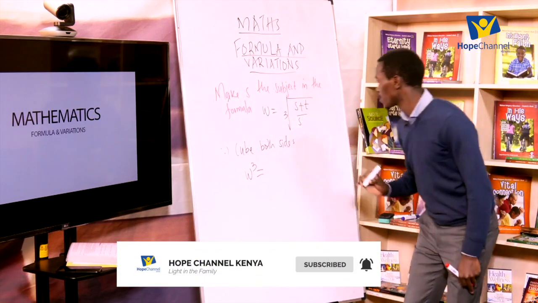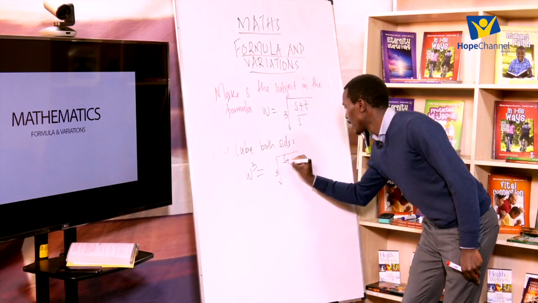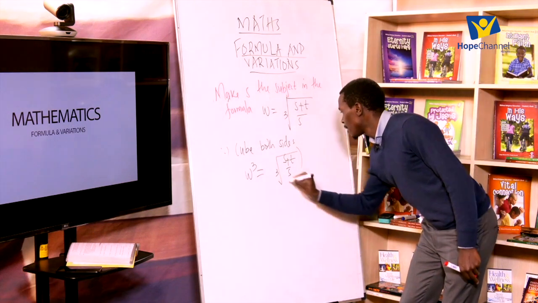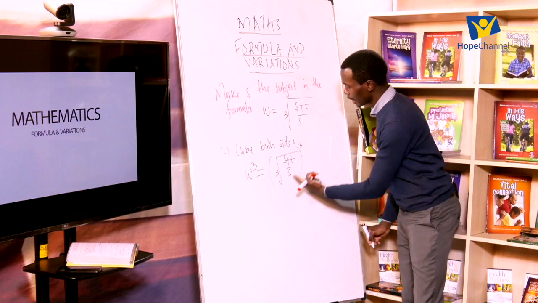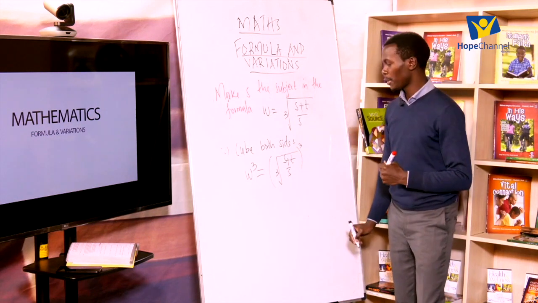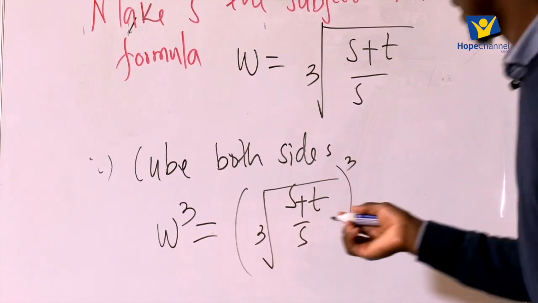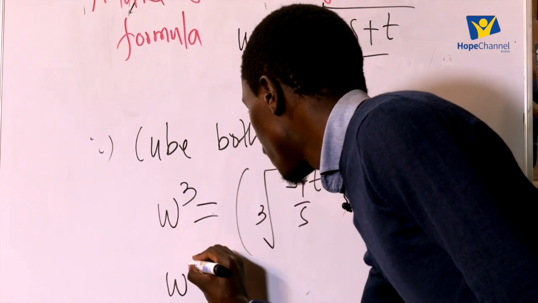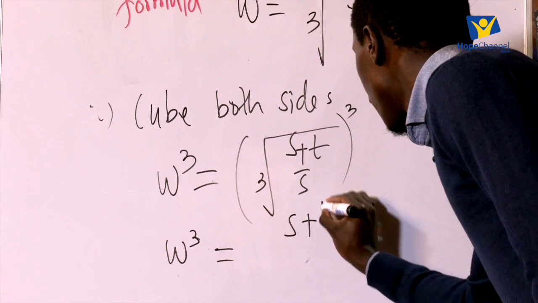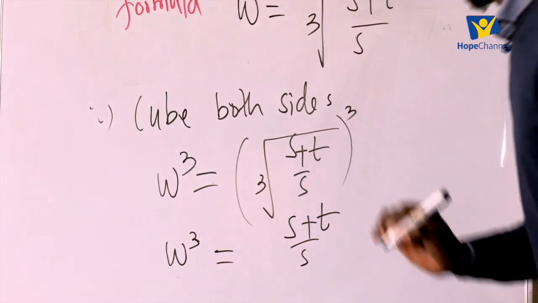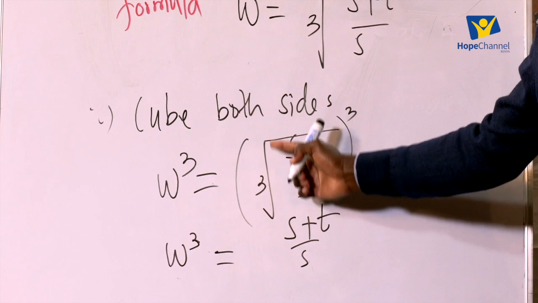That one will be equal to the cube root of S plus T over S, then you cube. Now because you're finding the cube root and then you're raising it to power 3, basically what you're doing is simply removing that cube root sign, and we will have W cubed is equal to S plus T over S. So we have done away with the cube root sign.